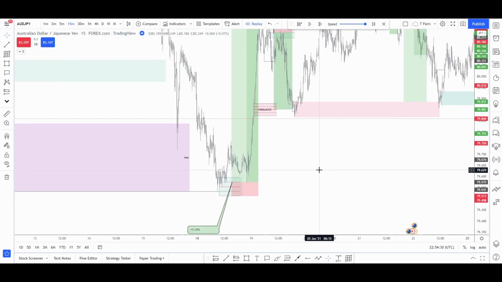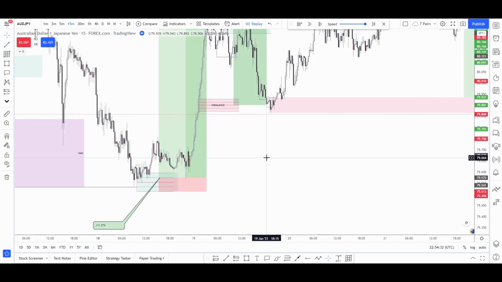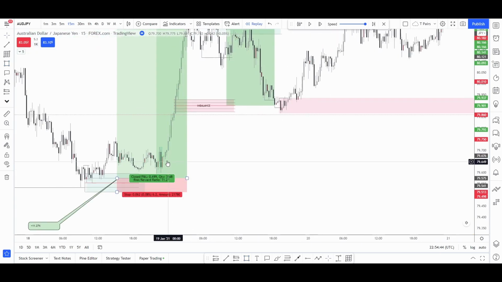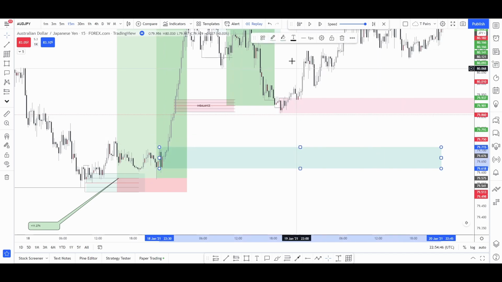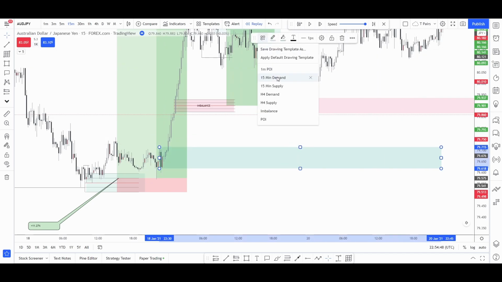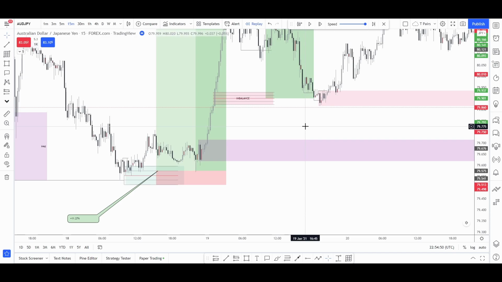Right, what are we going to run into? Got a few things down here. So 15-minute demand right there. I think this is going to be more than 15 minutes.